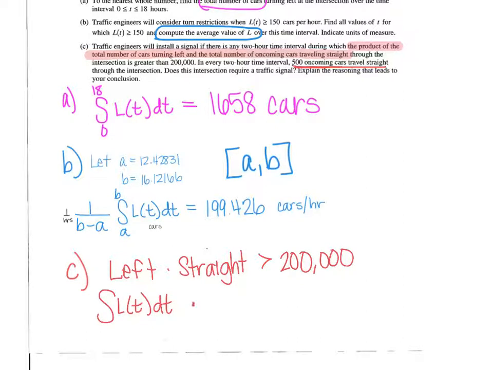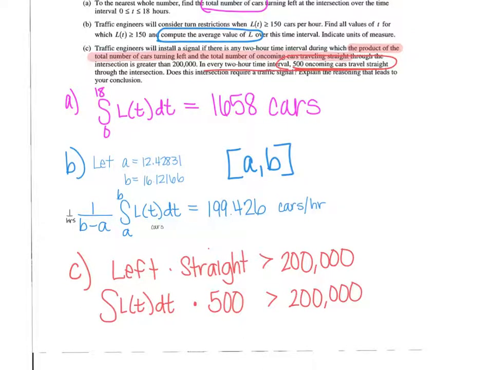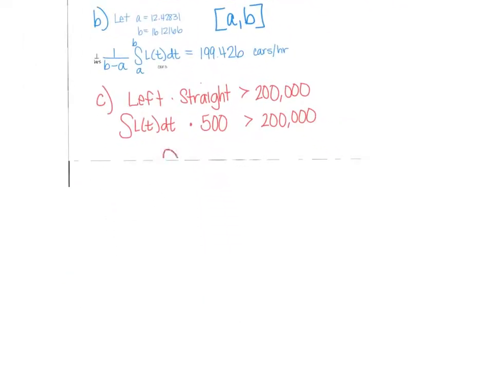And it says that in every 2-hour time interval, 500 total cars go straight through the intersection. So straight is just going to be a flat rate of 500. So really what we're looking for here is, is there a time interval when the integral of L of t dt is greater than 400? That's the question.